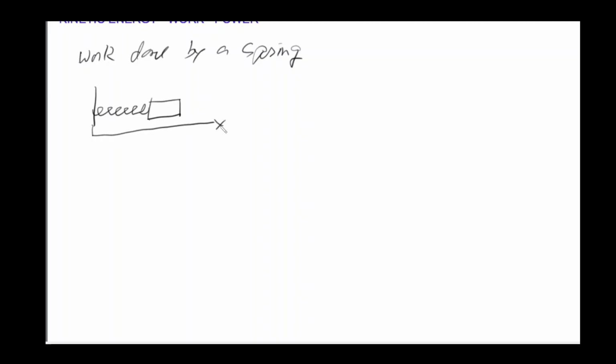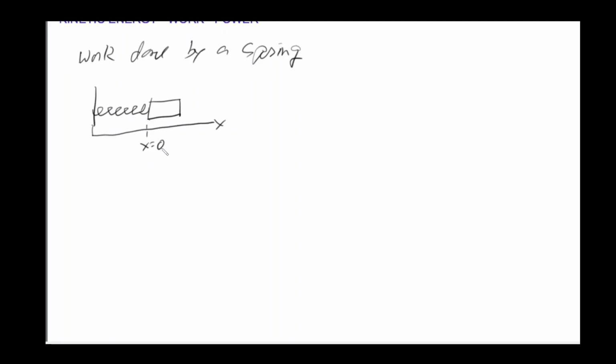Let's look at another type of work. In this case, we'll do work done by a spring. So if you have a spring attached to a block, this is your x-axis, and at rest, we'll call that x equals 0, and that's the relaxed state.